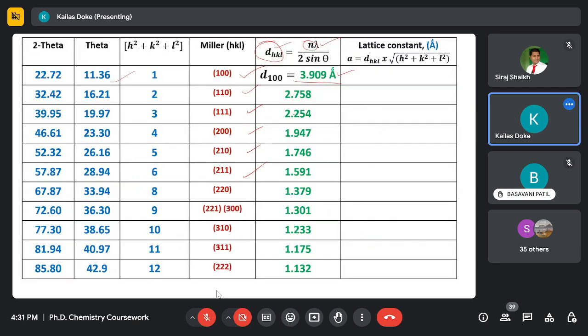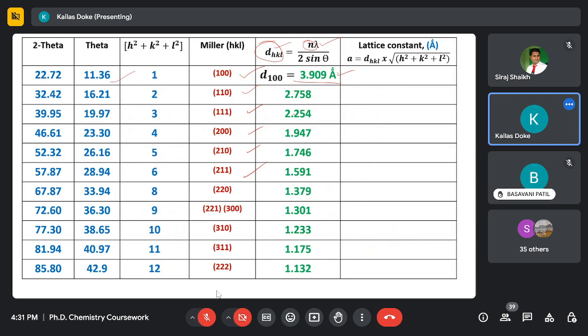Similarly, we can calculate the distance between two 110 planes by putting in the rearranged Bragg's equation, where theta is different, n is the same, lambda is the same. Since theta is different, sine theta will be different, 2 sine theta will be different, and n lambda upon 2 sine theta will be different. So D, distance between two 110 planes, is less than distance between 100 planes.